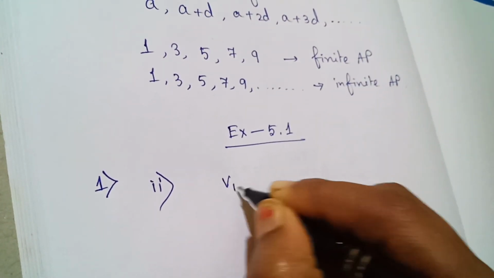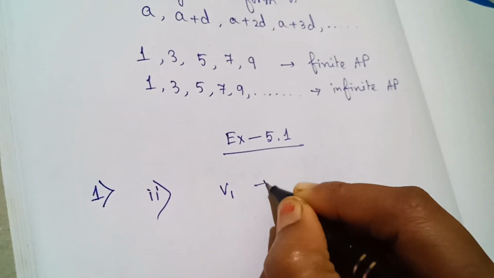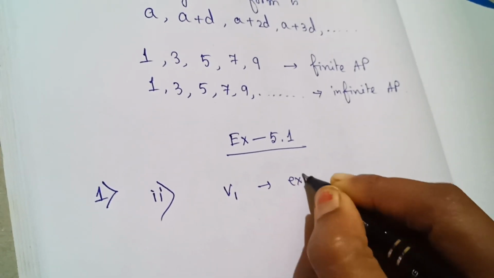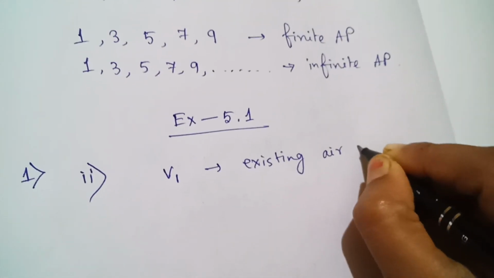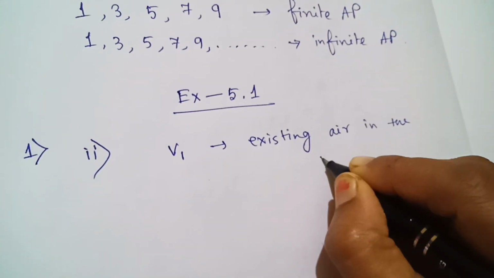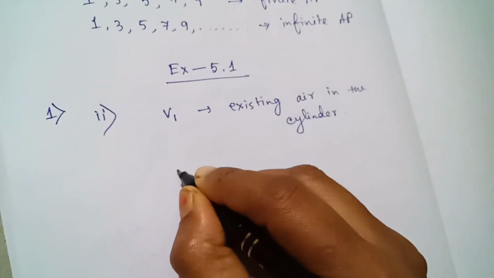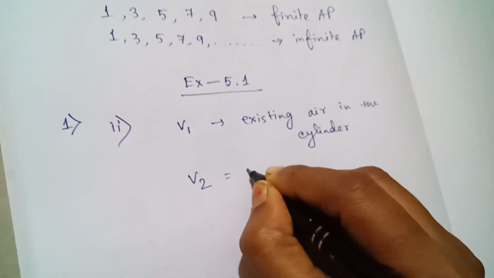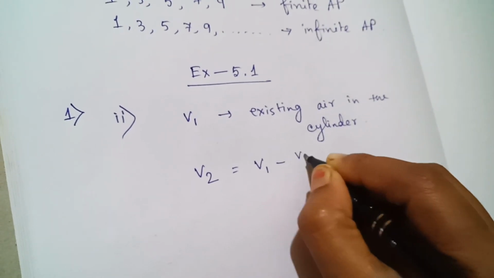Let me take the first volume, the existing air in the cylinder, as V1. So V2 will obviously be V1 minus V1 by 4.